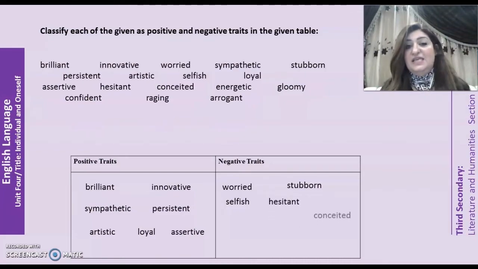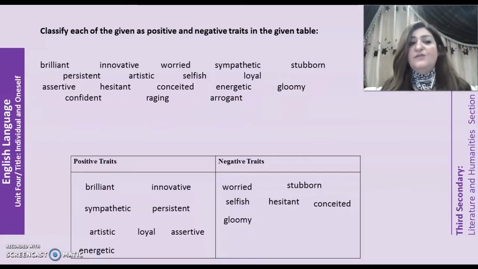Conceited, negative. Energetic, positive. Gloomy, a pessimistic guy, this is negative. Confident, positive. Raging, you are angry, this is negative. Arrogant, this is also negative. Such character traits and many others help us to identify a character trait.